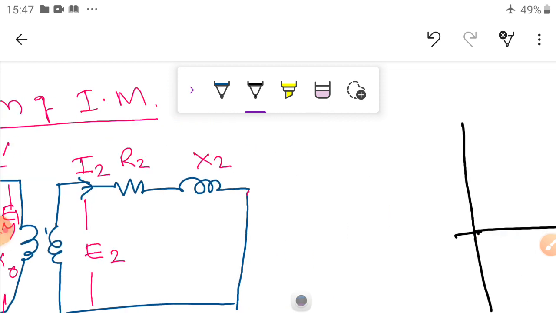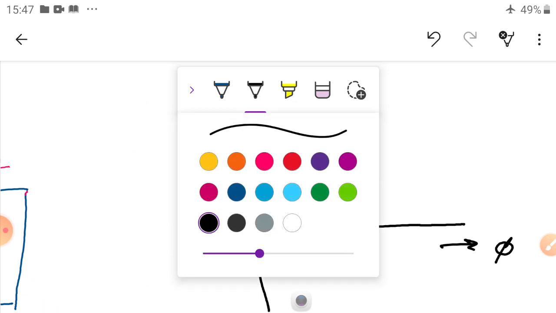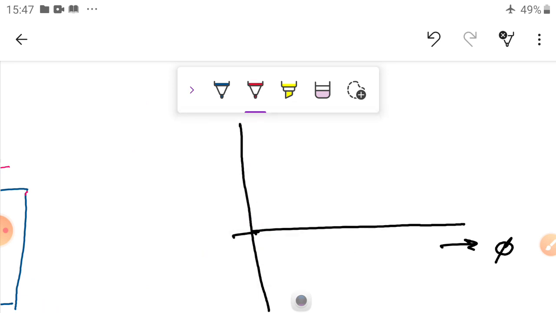I am going to write it. I can take the voltage V on this side, and here also the induced voltage. The primary side and the secondary side are both in this direction only.